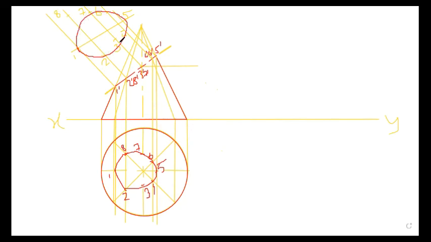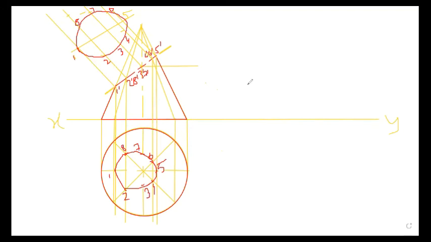So this is 2, this is 3. This is 1, this is 2, this is 3, 4, 5, 6, 7.